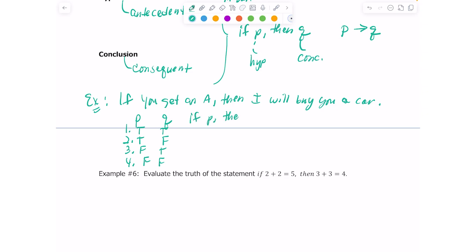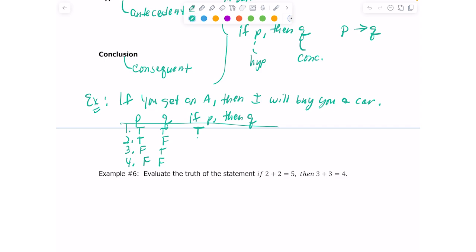An if-then statement is false only when you have broken your promise. What I mean by that is, let's pretend you got an A and I did buy you a car. Both of those are true, so the statement is true overall. But if you do get an A, true, and it's false that I'll buy you a car, then I didn't keep up with my end of the deal. I broke my promise, so that's false. All the other ones are going to be true.